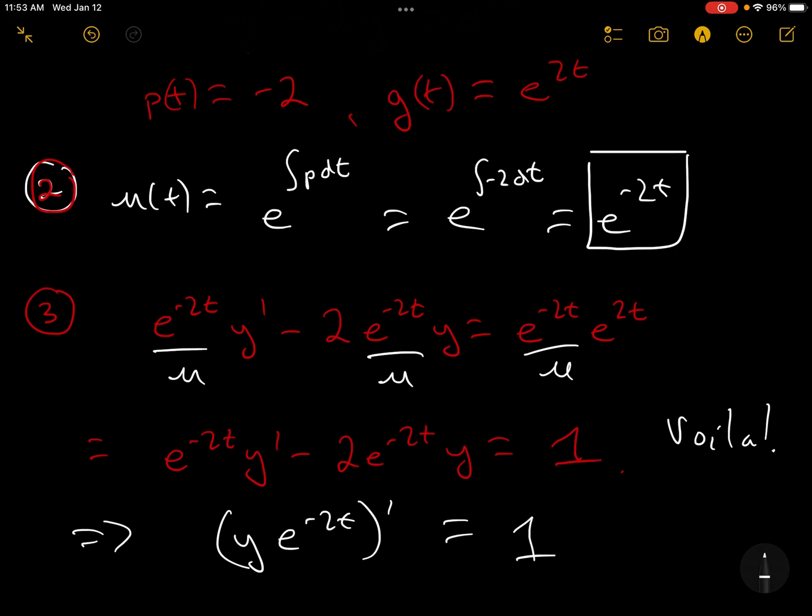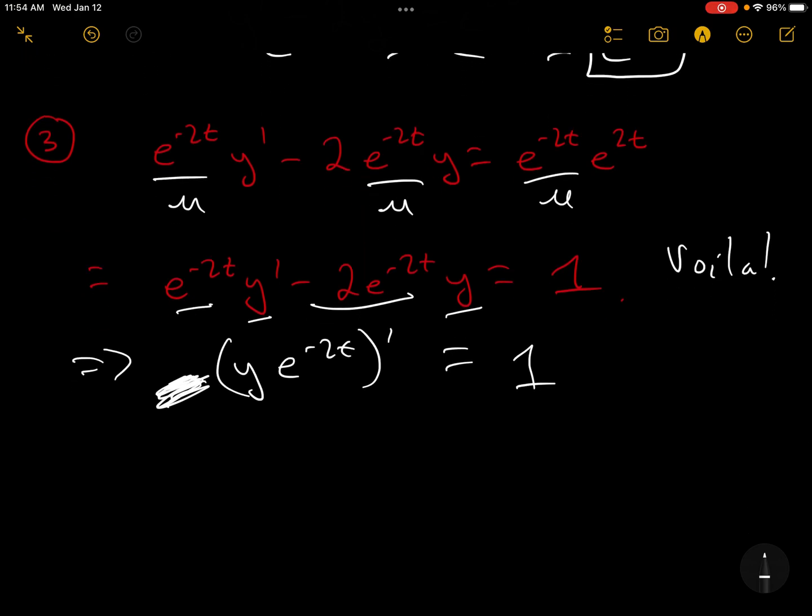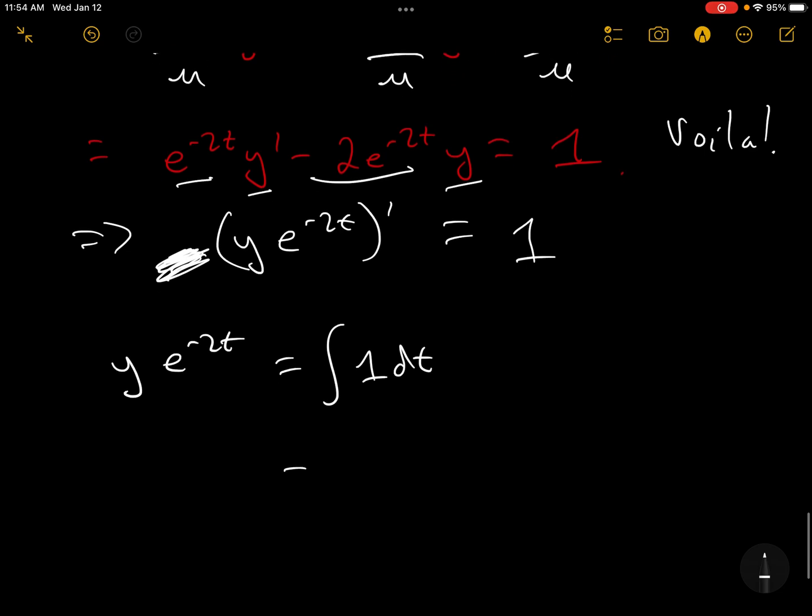Now, if you don't believe me, apply the product rule to this. Right? You get e to the -2t y prime, then you have y times the derivative of e to the -2t, which is that. Okay. All right, now use the FTC, and we have y e to the -2t equals the integral of 1 dt, which when you integrate becomes t plus a constant.